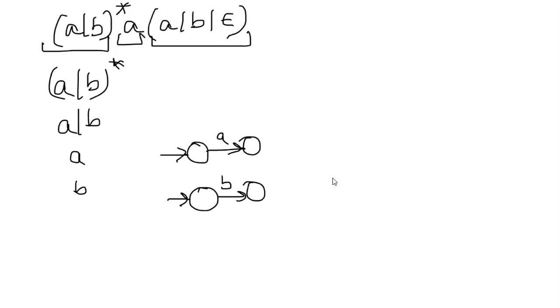Now A or B. Okay, let me draw this again. So I have epsilon here and epsilon here. Similarly, these two I will connect with epsilon. This is A or B.